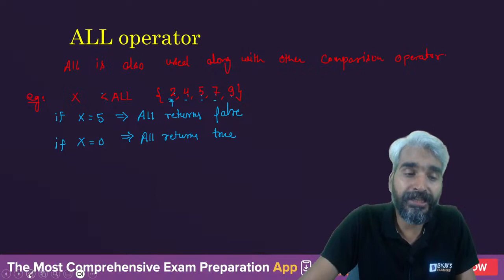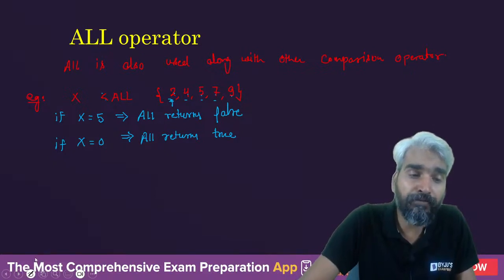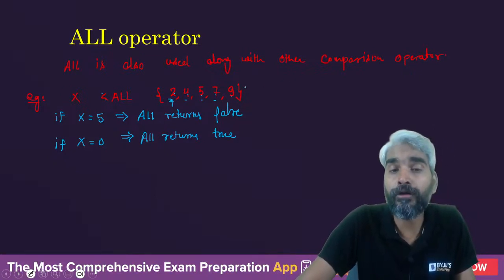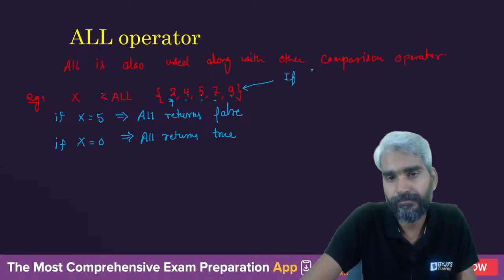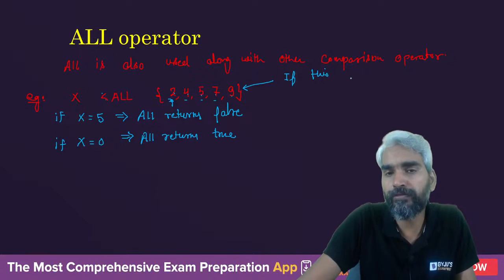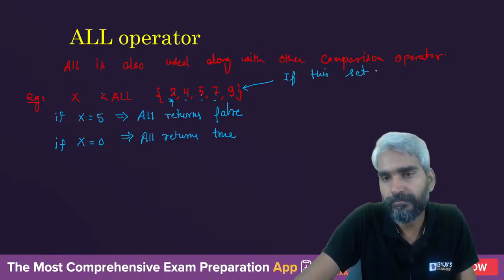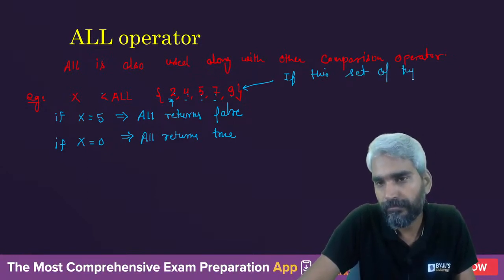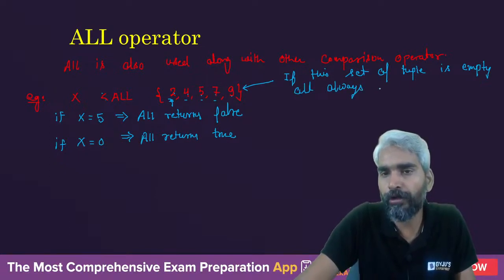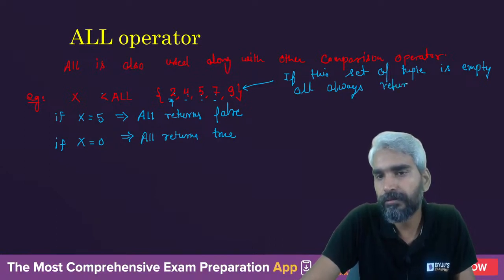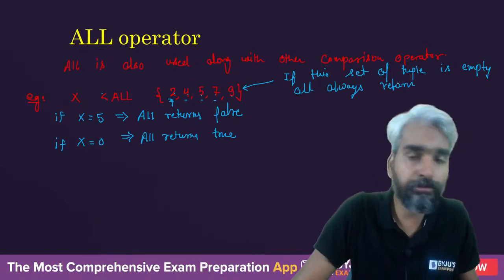Now, my question is, what will be the output of all if this set of tuples is empty? All will return true or false?